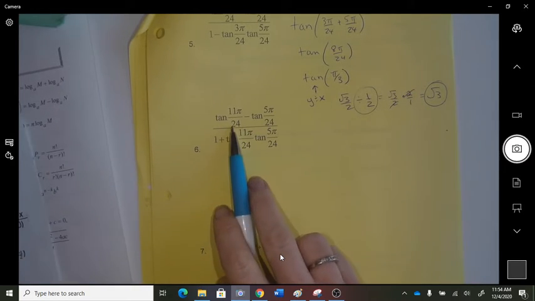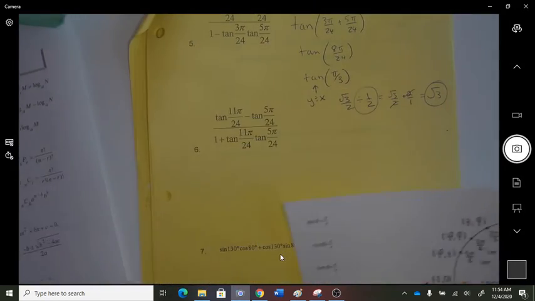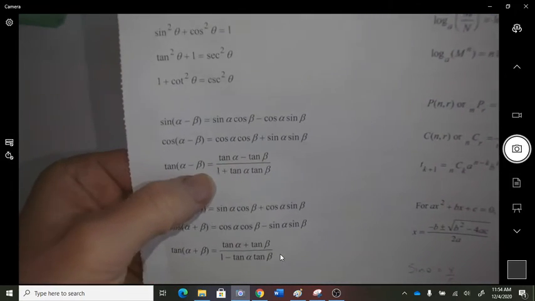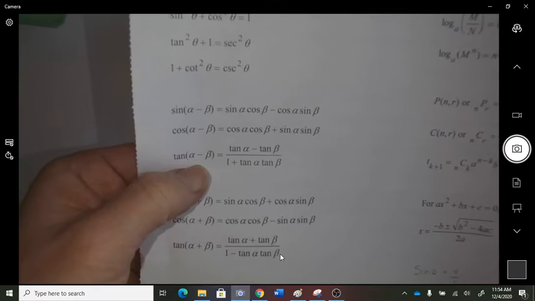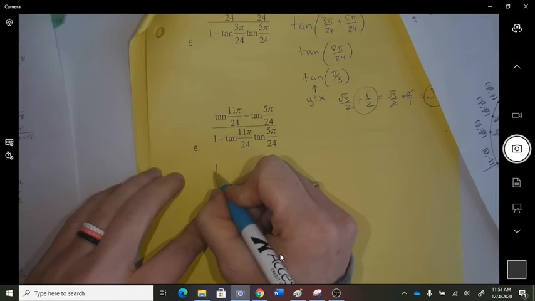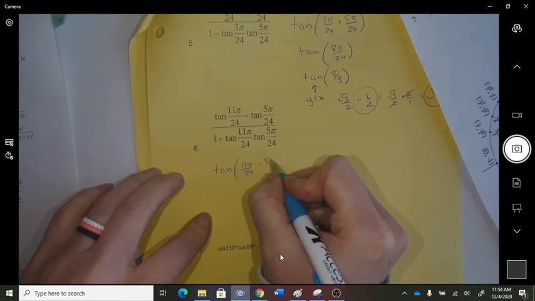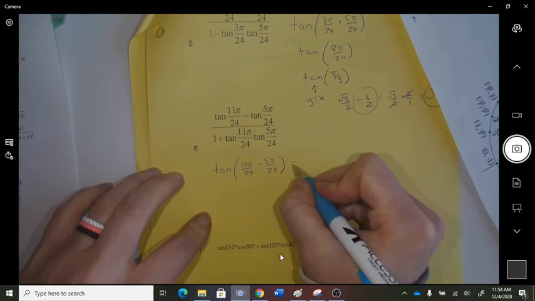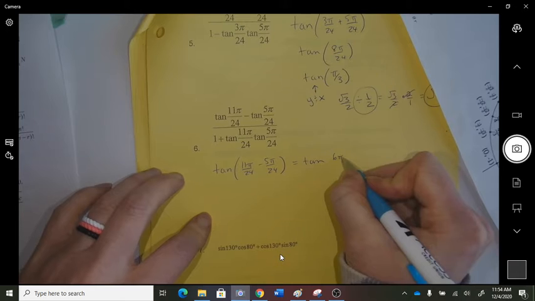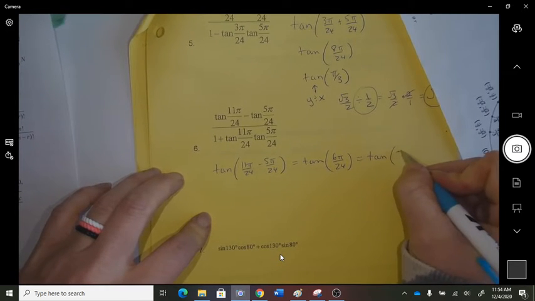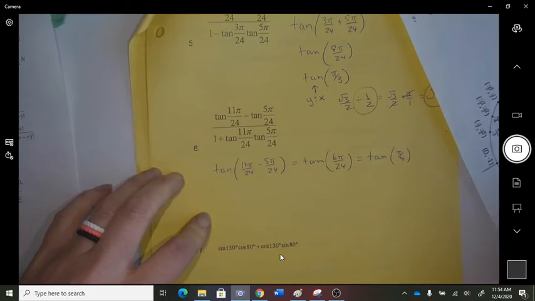Okay, next, tan, subtract on the top, 1 plus on the bottom, so that's this formula, so tan of the two subtracted. So tan, and we have to subtract. So that is 6 pi over 24, and then that would reduce to pi over 4.